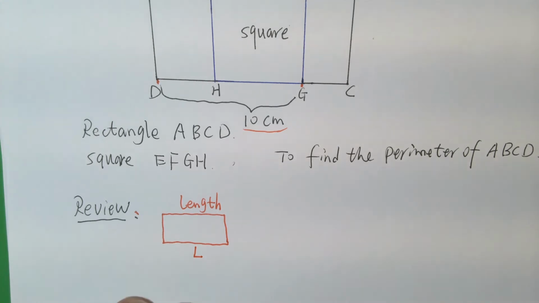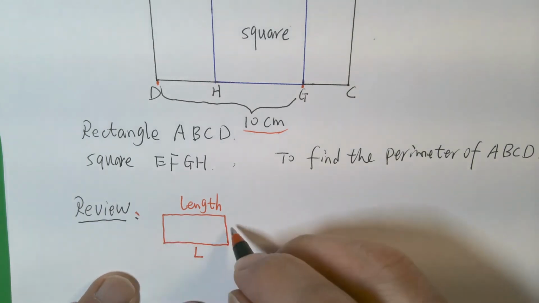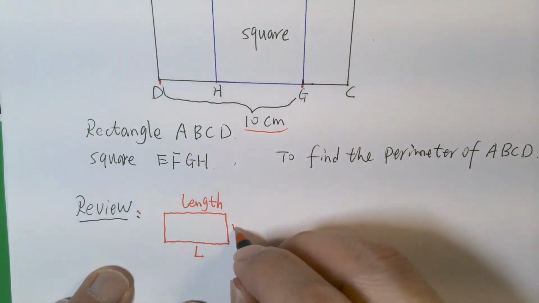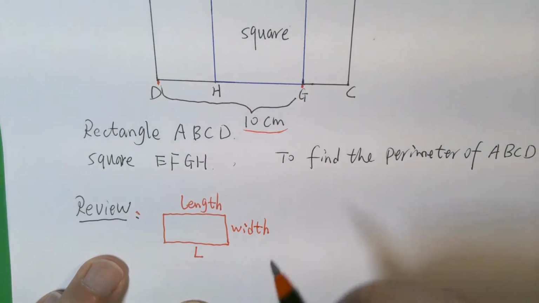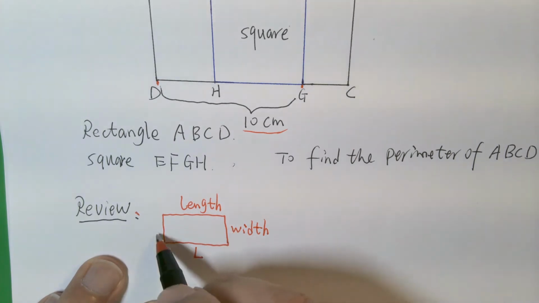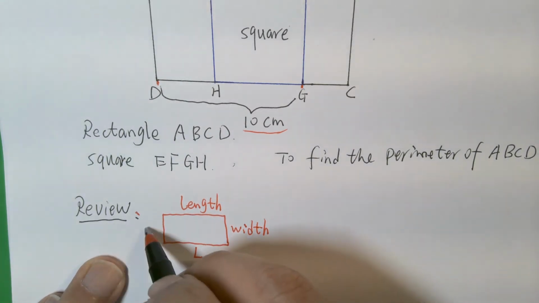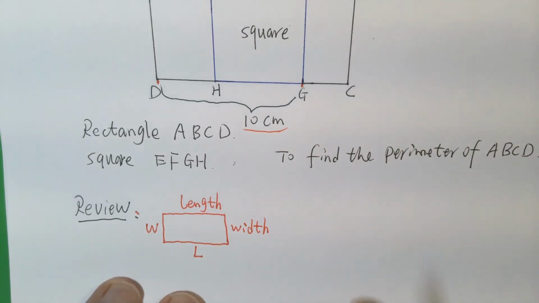I'm going to write it in a shorter term, L. And two sides have what you can call a width or height. If you call it a width, the left side and the right side have the same width. Let's call it W.